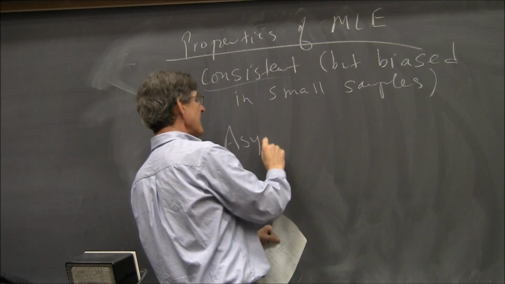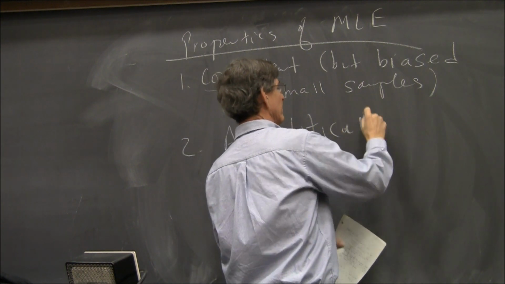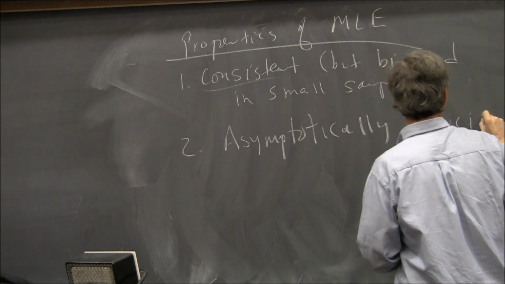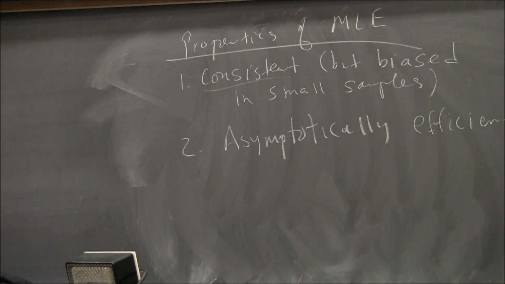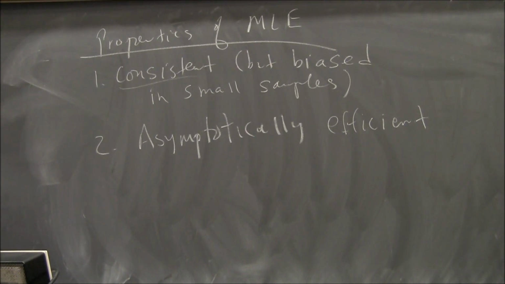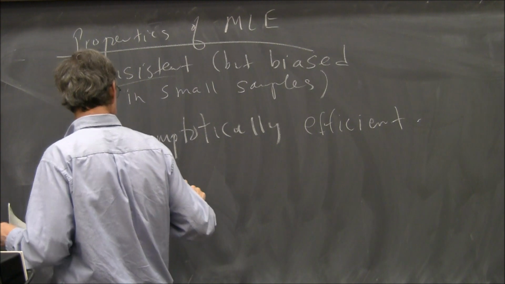They're asymptotically efficient. When I say asymptotically, I mean large n. We just mean if the sample goes to infinity, they're efficient. This is the lower bound thing I was saying.